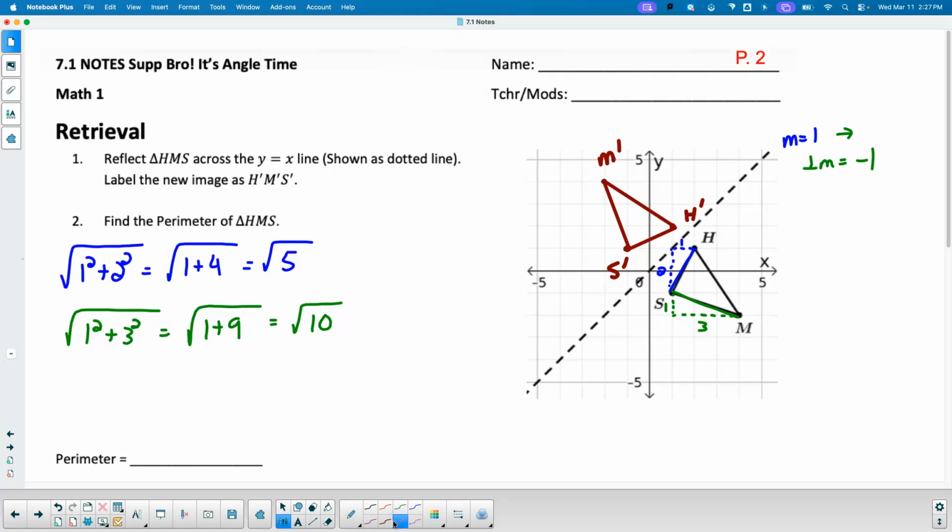And then lastly, I can find side HM, the pink side. It's got legs of 2 and 3. So that would be the square root of 2 squared plus 3 squared, which is the square root of 4 plus 9, which is the square root of 13.